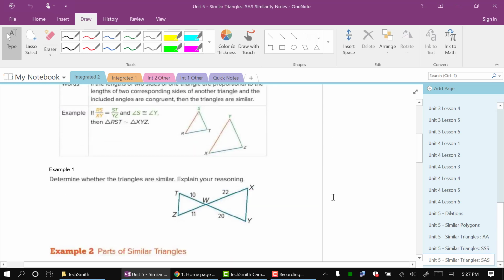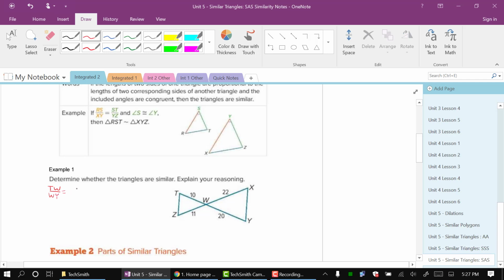We want to determine whether the triangles are similar, and we want to explain our reasoning. So we're going to start off with the sides. We have side length TW and side length WY. TW corresponds to WY.